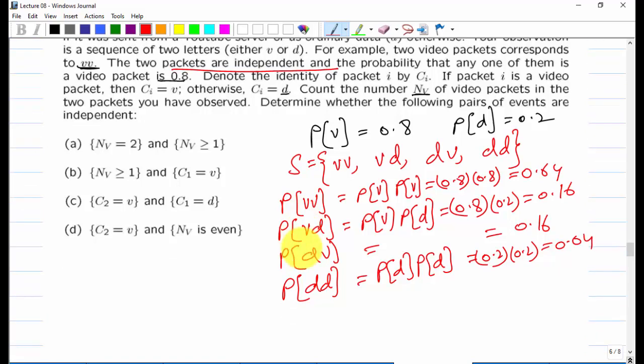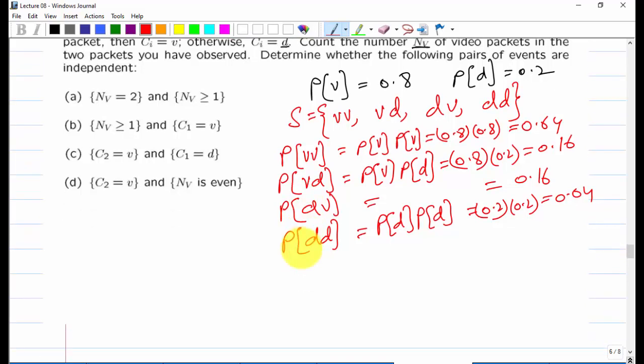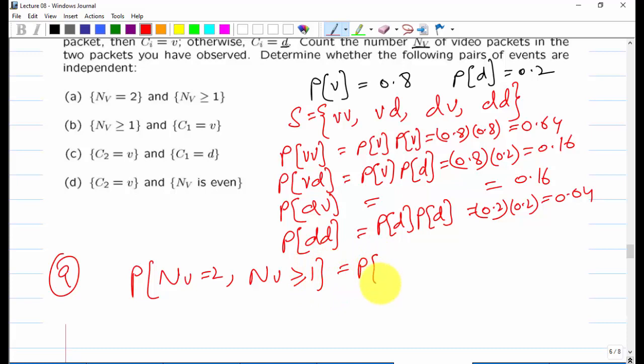So having these probabilities, now we can move to part A of this question. It says to check whether NV equal to 2 and NV greater than or equal to 1 are independent or not. Use the definition of independence: the probability of NV equal to 2 and NV greater than or equal to 1 must be equal to the probability of NV equal to 2 times the probability of NV greater than or equal to 1.